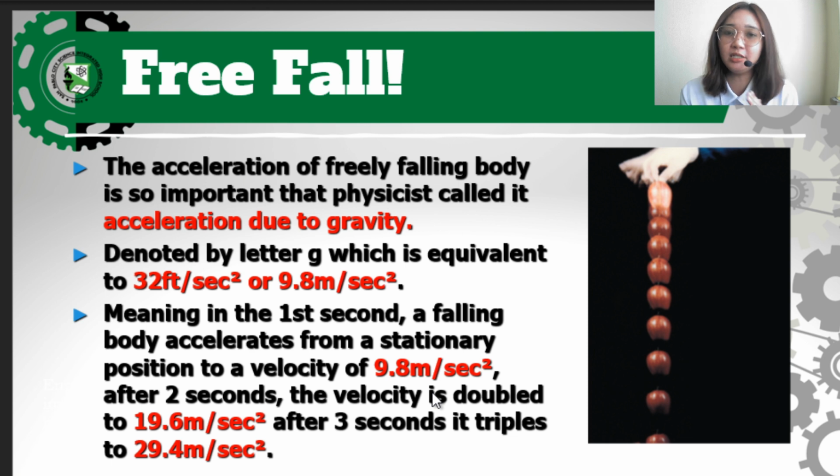Okay? So, yung acceleration due to gravity na to, ito yung sinitawag or naisip noon ni Galileo na same rate nung pagbaba or pagbagsak ng object onto the ground. Okay? So, tinawag natin ito ngayon na acceleration due to gravity. It is denoted by letter G, okay, which is equivalent to 32 feet per second squared or 9.8 meters per second squared.